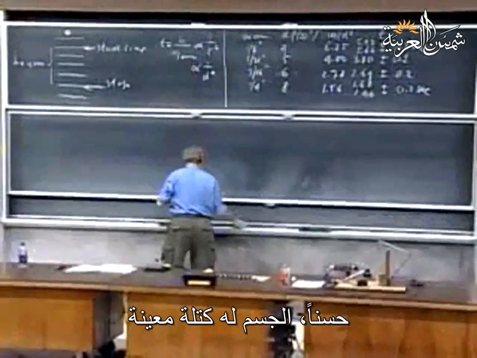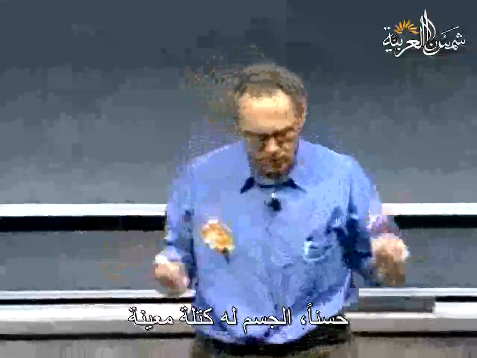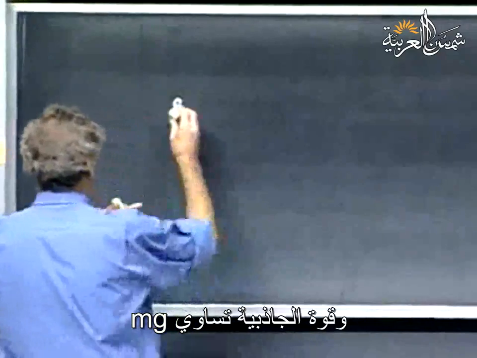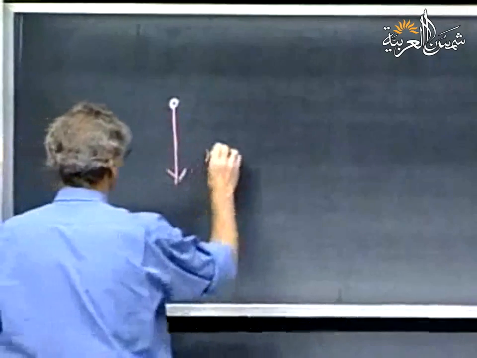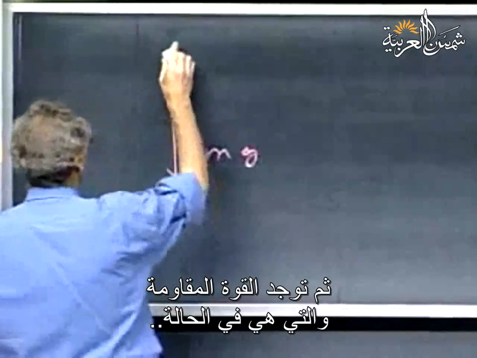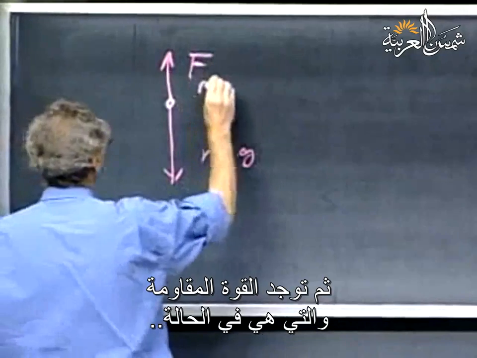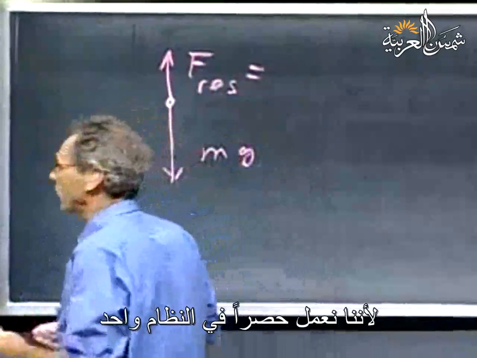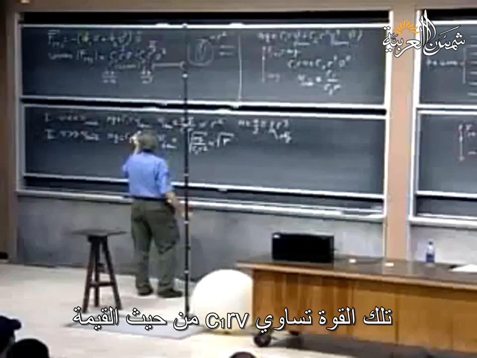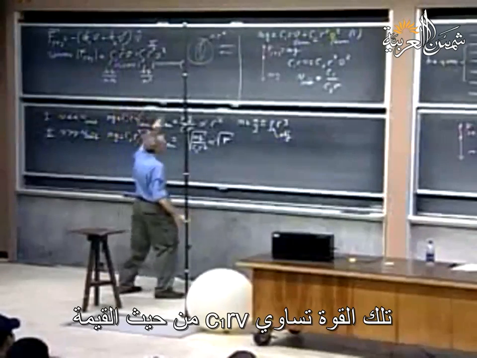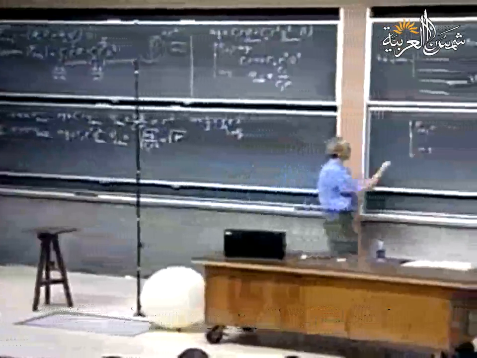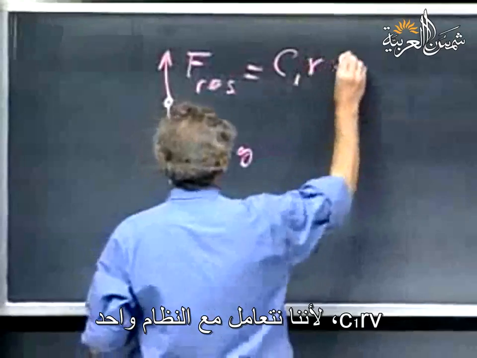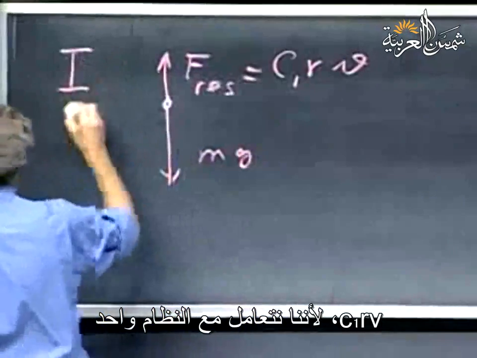Well, the object has a certain mass, so there is a gravitational force on it, and the gravitational force equals mg, and then there is a resistive force, which, because we are operating in regime 1 exclusively, equals C1 R V in terms of magnitude.